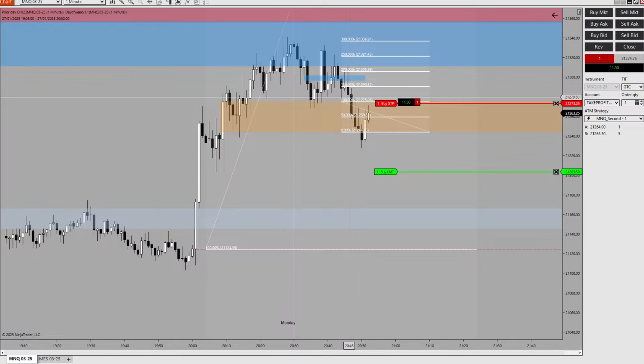Now go back into this imbalance again if it closes above it.